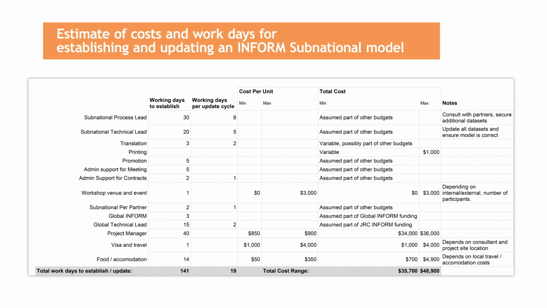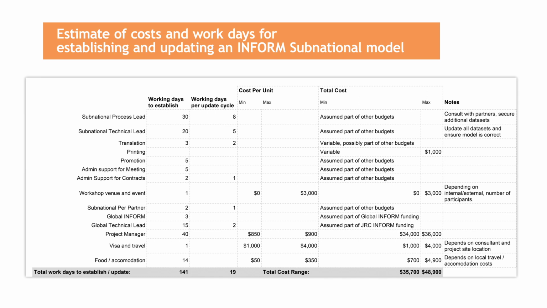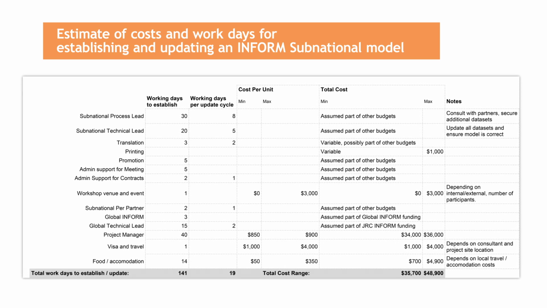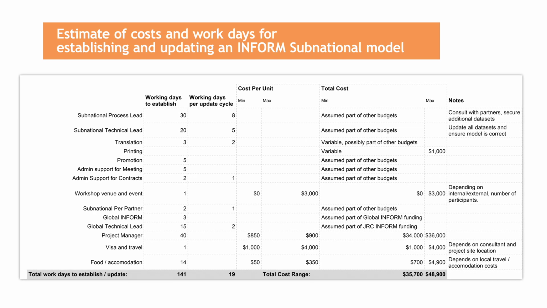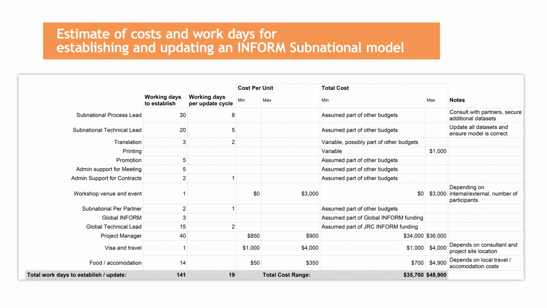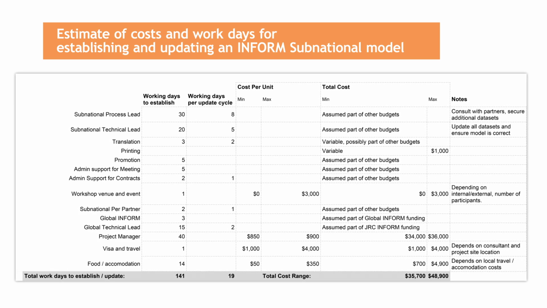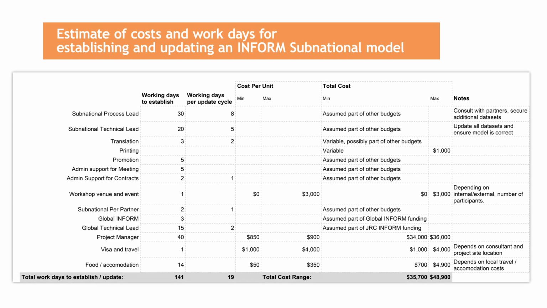The budget below is an estimation of the number of workdays and the costs for the project manager. The budget also includes an estimated number of workdays for the subnational lead and partners to demonstrate the resource requirement to complete an INFORM model. This cost plan assumes that the subnational lead and partners have established offices and professional networks that will facilitate the process.